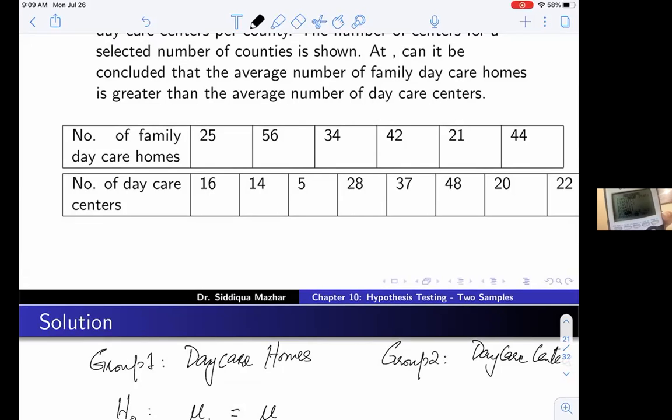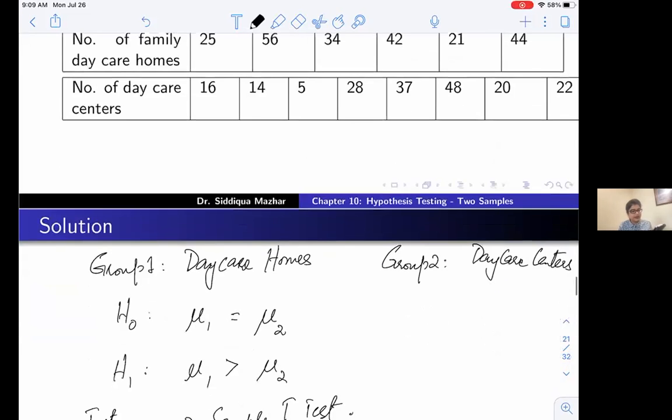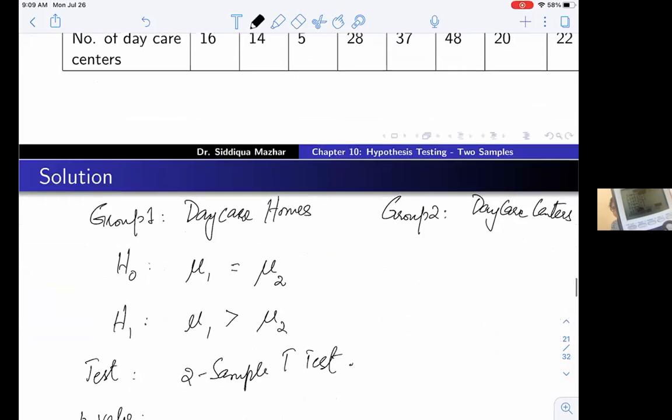This is why I'm going to use the lists. So data values will be used over here. You can see that list 1 is L1, list 2 is L2, and for frequency you will use 1 on both of these. The next option is mu1, because my alternative hypothesis is mu1 is greater than mu2, so I'm going to select this one.